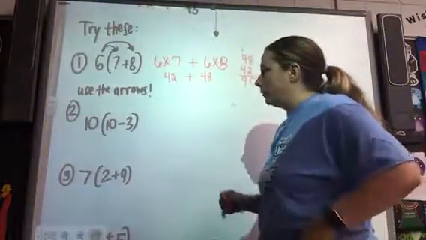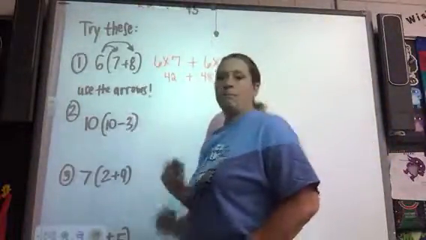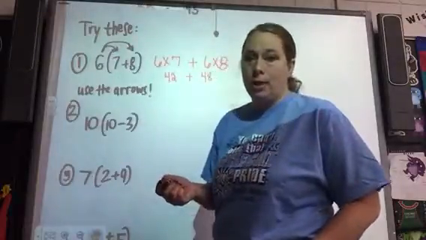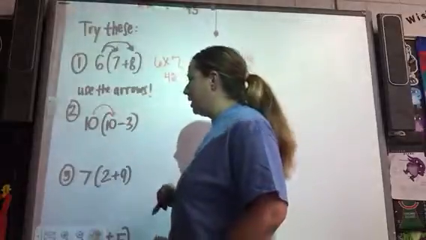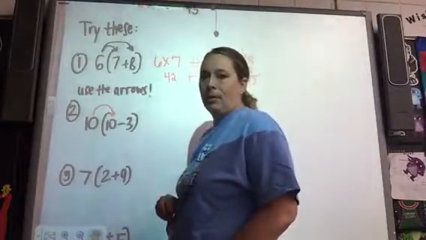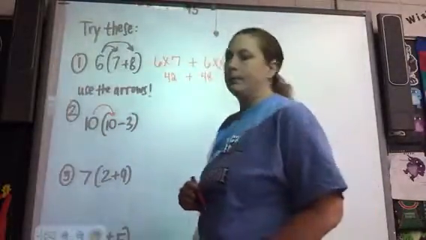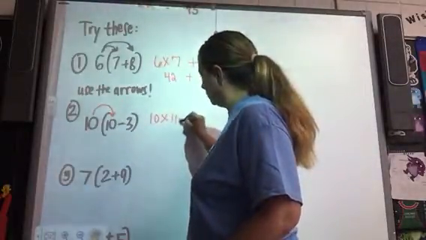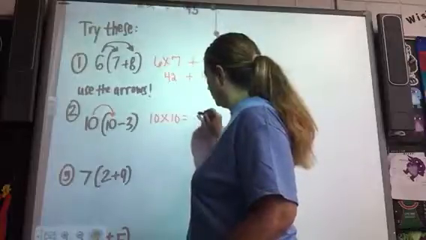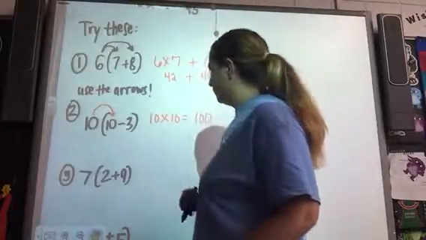So number 2. Now, adding and subtracting doesn't matter. It just tells you what you're going to do at the end. So, we've got a 10. We can times by 10. 10 times 10. What is 10 times 10? 100.